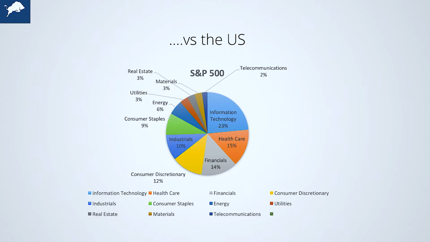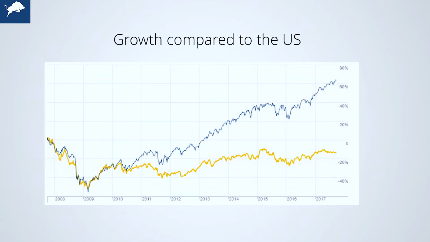And investors should be looking at it. Now, the other reason you can see on this chart, and look, I've been really cheeky here and just stolen a screenshot from ComSec. You can see the growth. The blue line on this chart is the US market, the S&P 500, and the yellow line is ourselves. This is just share price return, and you can see that we've been left behind completely.